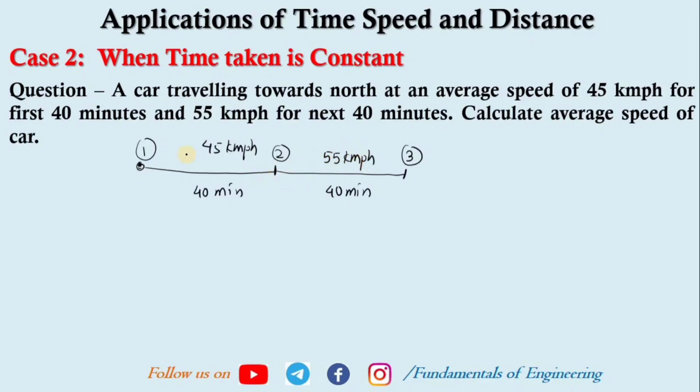Now we want to calculate the average speed. Here x is 45 km per hour and y is 55 km per hour.